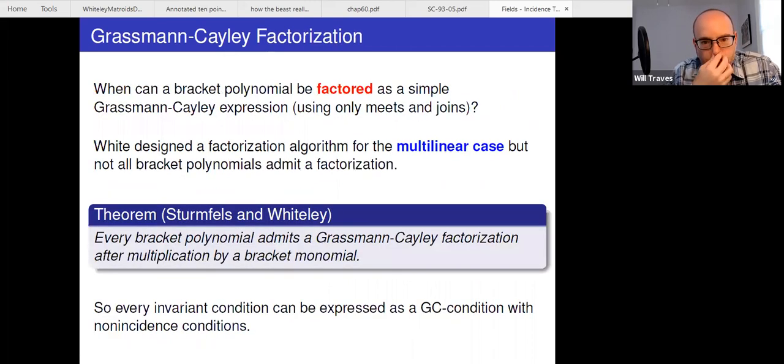And when you can express a bracket polynomial as a Grassmann-Cayley expression, we call that the Grassmann-Cayley factorization.